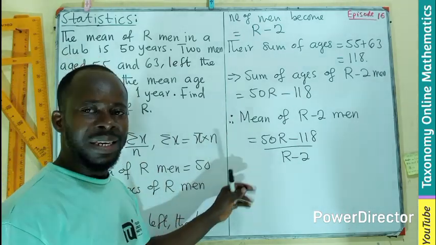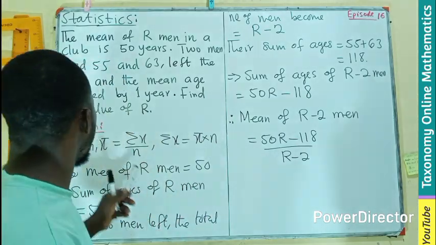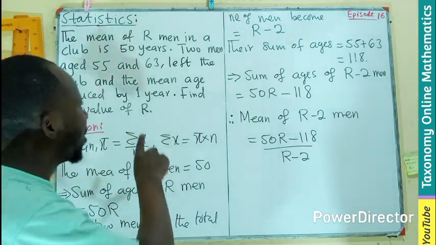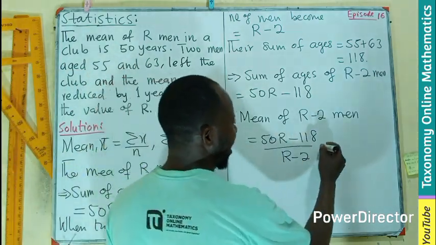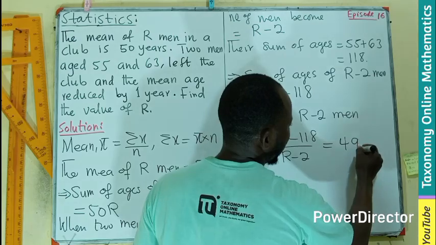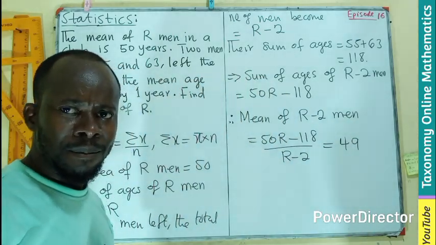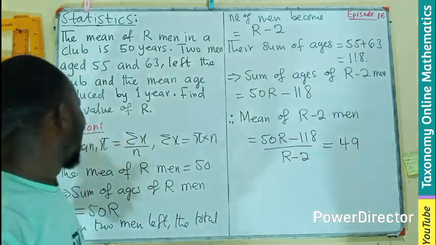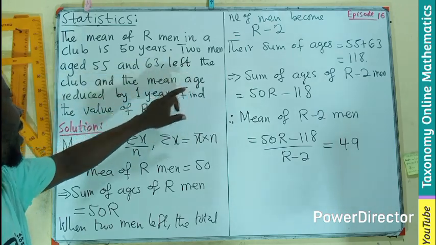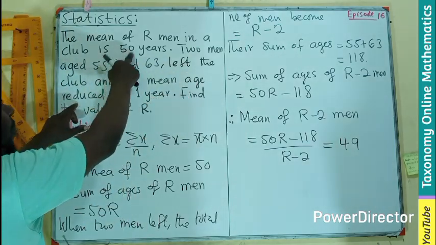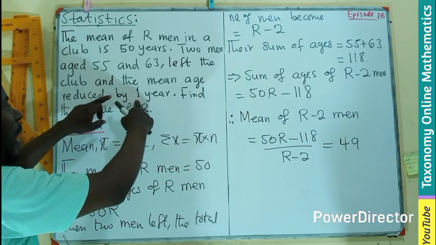And this mean is reduced by 1. The previous mean, 50, was reduced by 1. They said that the mean age reduced. What was the mean age? 50, reduced by 1 year.